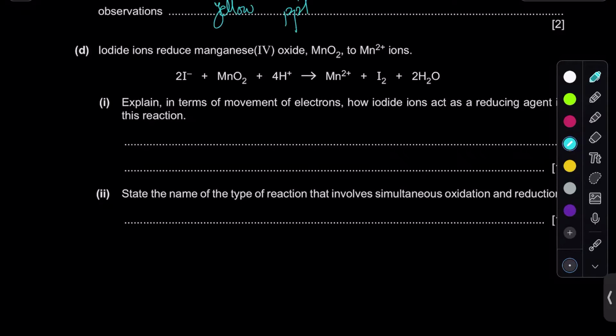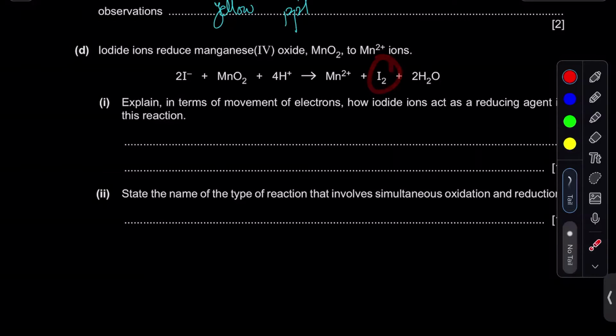Iodide ions reduce manganese 4 oxide to Mn2 plus. Okay. Explain in terms of movement of electrons how iodide ions act as a reducing agent. What is a reducing agent? It gives electrons. That's a reducing agent. And you can see over here that iodide had a negative charge, so it had extra electrons.